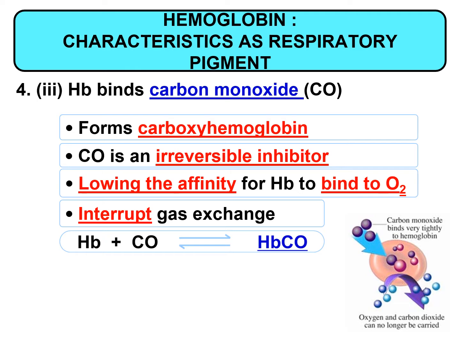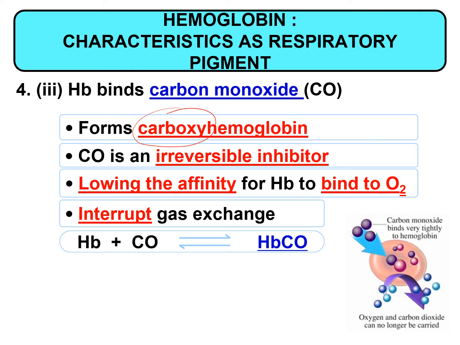And the fourth characteristic, part 3, is the ability of the hemoglobin to bind to another type of gas, which is carbon monoxide. What's bad about the binding of hemoglobin to carbon monoxide is that carbon monoxide binds to the hemoglobin at the heme group, forming carboxyhemoglobin. Thus, it is considered a competitive inhibitor to the oxygen.